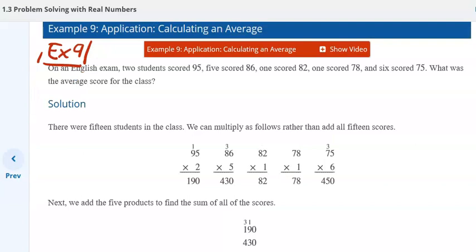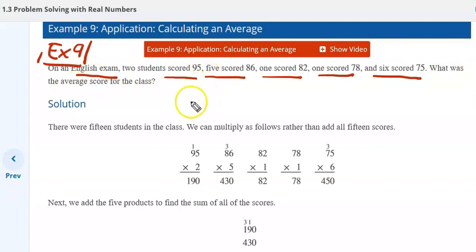Now as we wind up this lesson, it's only apropos, so to speak, that we have one that ties in with school. So here they are taking a test, and 2 students score this, 5 this, 1 this, 1 this, and 6 this. What was the average score for the class?